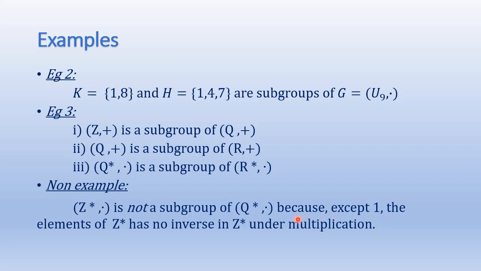Other elements, you take 2, 3, 4, any integer, then the multiplicative inverse of 2 is 1 by 2. 1 by 2 doesn't belong to this Z star. So Z star comma dot is not a subgroup of Q star comma dot, because except 1, the elements of Z star have no inverse in Z star under multiplication.